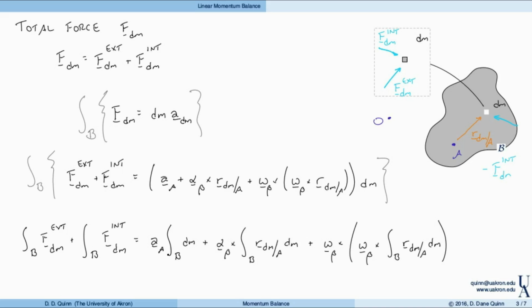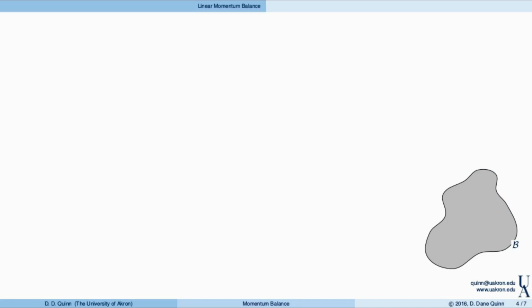So now we can simplify this significantly, right? In particular, we haven't said which point A we're going to choose. Up to now, A is just some arbitrary point. But now we can be a little bit clever, and we can choose A so that the integral of the position of each mass element with respect to A, dm, we can choose that to be equal to 0.